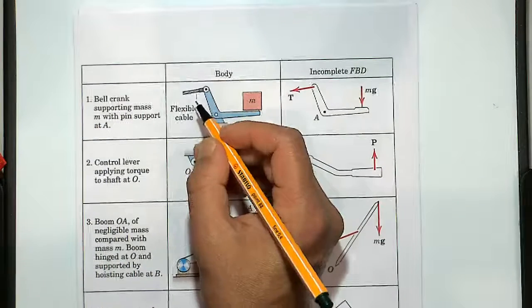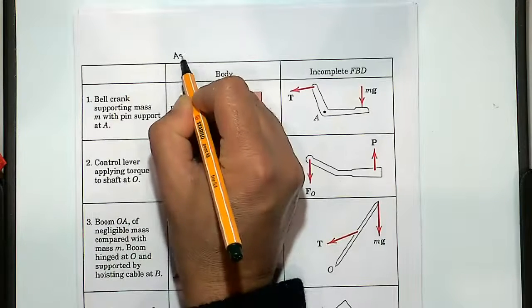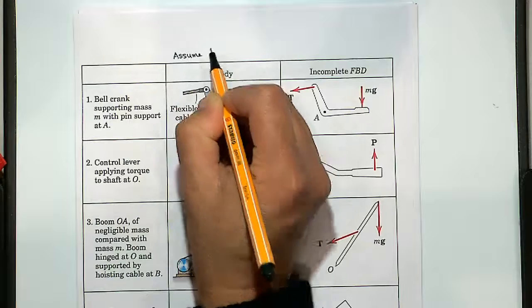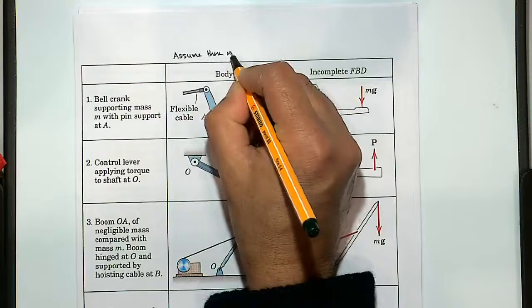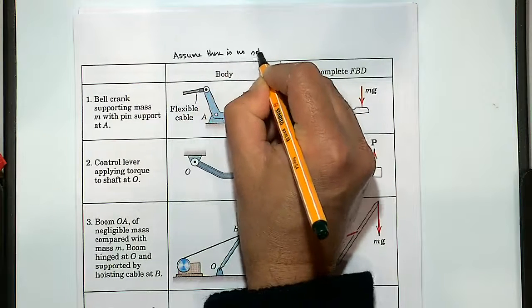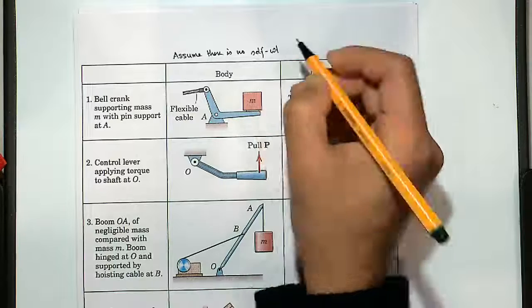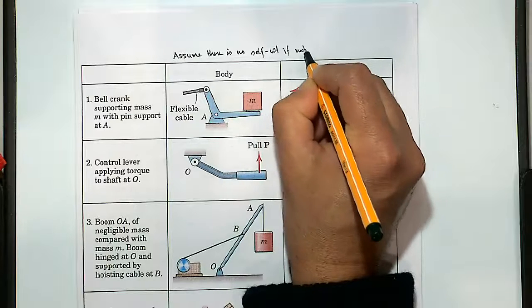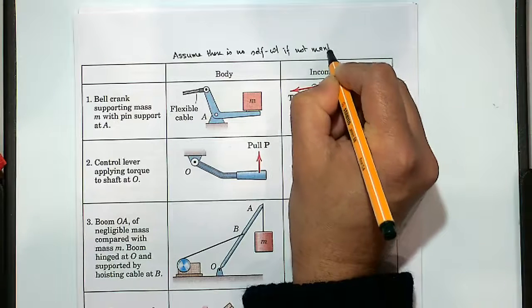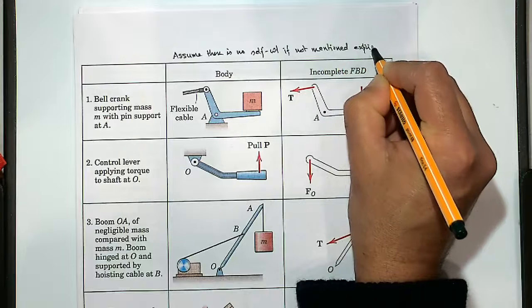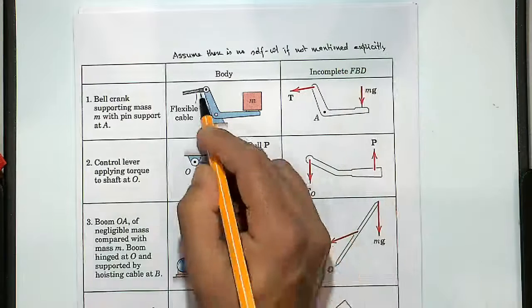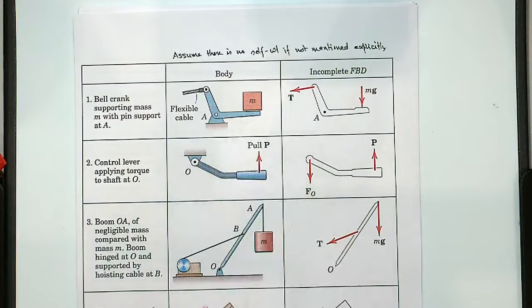Now in this problem, assume there is no self weight if not mentioned explicitly. You may ask here, what about the weight of this crank itself? That we are not considering for this problem.